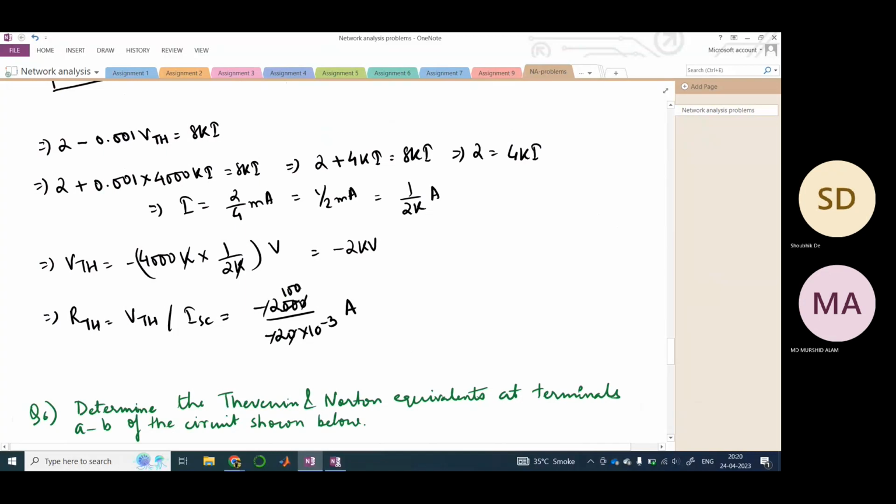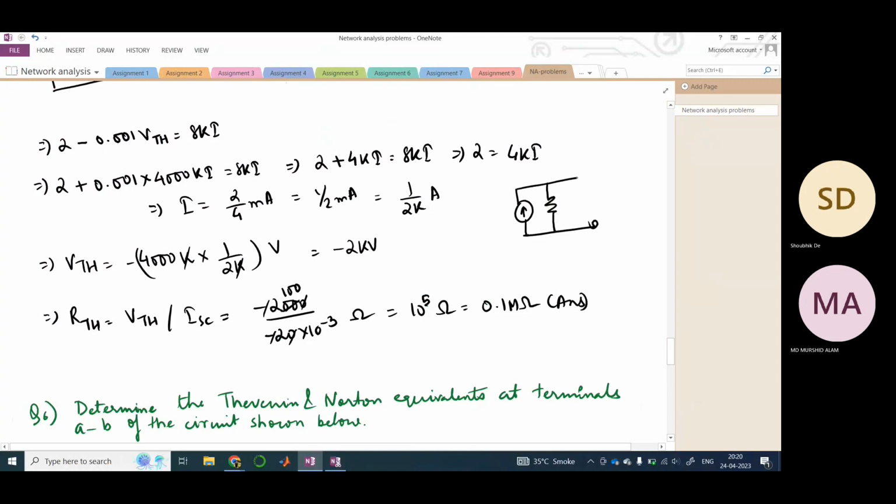So this is how much? This is 100. So basically 10 to the power 5, sorry, not ampere, resistance, or it is equal to 0.1 mega. So therefore your equivalent circuit would be something like this.